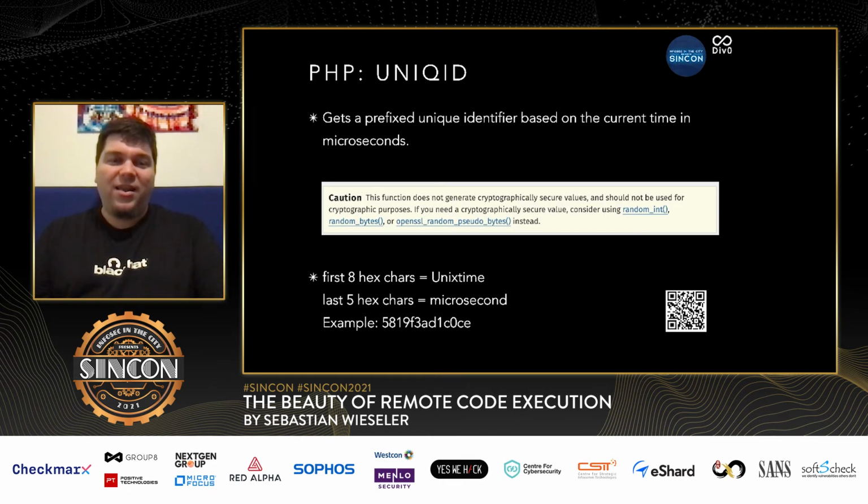We have basically the first 8 hex characters as the Unix time in hex, which there are converters and websites for, where you can enter the current time or any timestamp and it will give you the Unix time in hex, which is very helpful. And the last 5 hex characters are microseconds, right?